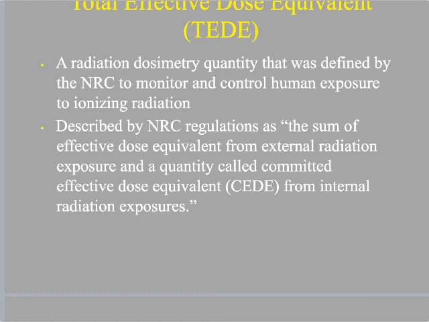They describe this as the sum of the effective dose equivalent from external radiation exposures and a quantity called the committed effective dose equivalent, the CEDE, from internal radiation exposures. Why do we care, right? Again, this is just another way of quantifying it across a population. Different science groups will use different things to do similar work. It's just what they've standardized and determined they want to consider.